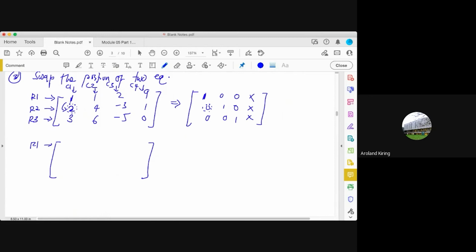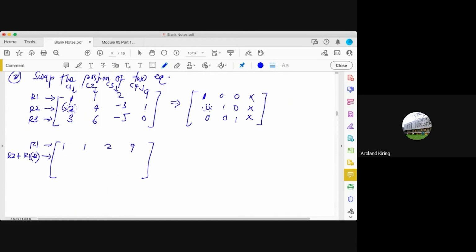Row 1 is fine, we can just write it back. But in row 2, we need to change 2 to become 0. So maybe we can set row 2 plus row 1, but row 1 needs to be multiplied with negative 2 first.